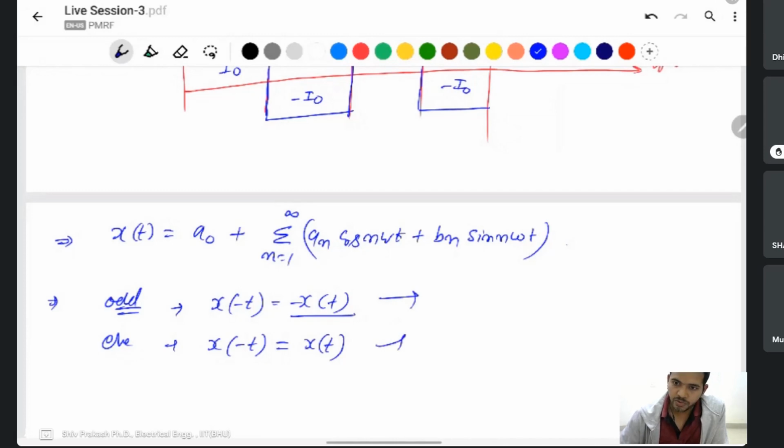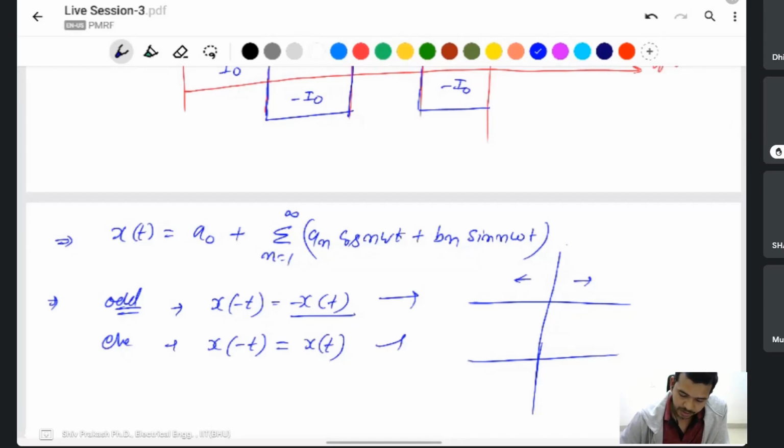In simple terms, on the y-axis, if the right and left sides are mirror images, it is a symmetrical, even waveform. If they are not the same, it is the odd waveform. A cosine signal is even.